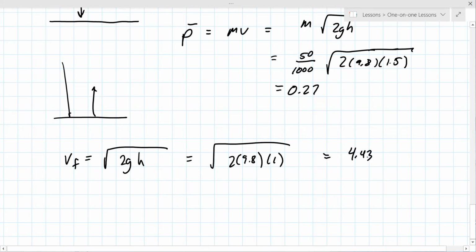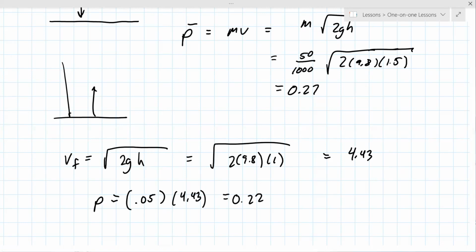And they say the momentum of the ball there is 0.05, its mass, 50 over 1,000, times the velocity, 4.43, and that equals 0.22. The change in momentum is, okay, so maybe that's what it wants.